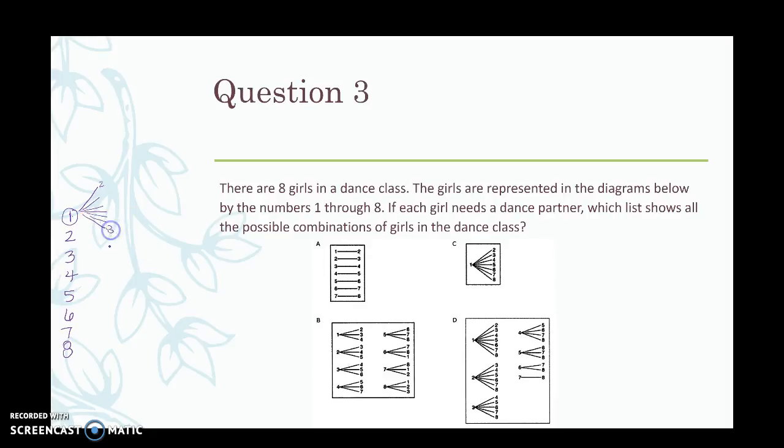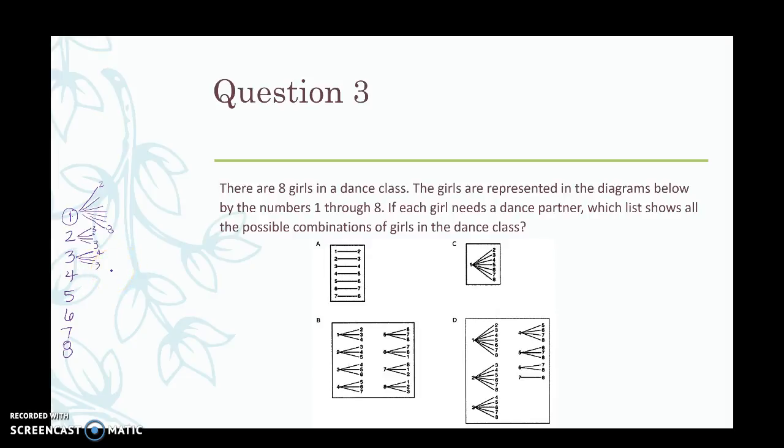So 2 through 8. Now number 2 could dance with anyone below it, because the option of dancing with number 1 has already been completed. So it's going to start at 3 and go all the way down to 8. And then number 3 is already listed with 1 and 2, so now we start with number 4, anyone after it, all the way down to 8.